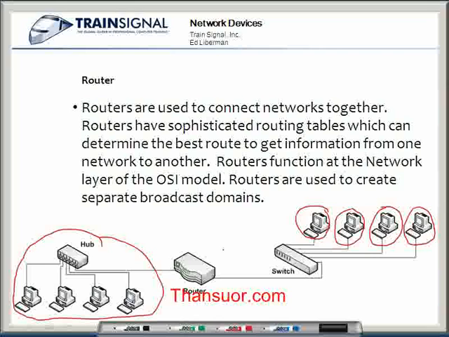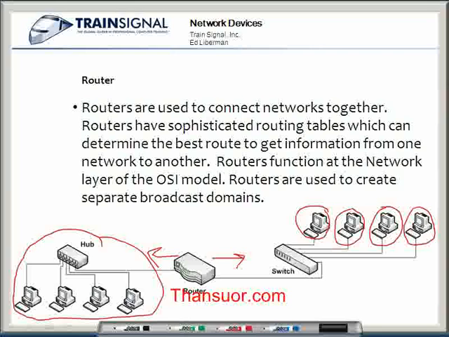But as far as broadcast domains are concerned, this side is one broadcast domain and this side is another broadcast domain. And the reason why is because routers do not pass broadcasts. They only pass through direct communications in which they have a specific destination address.